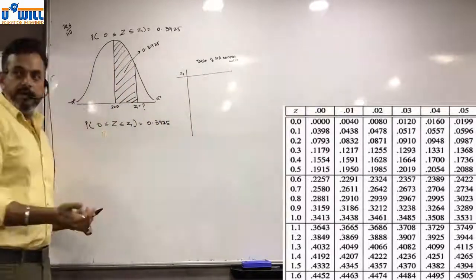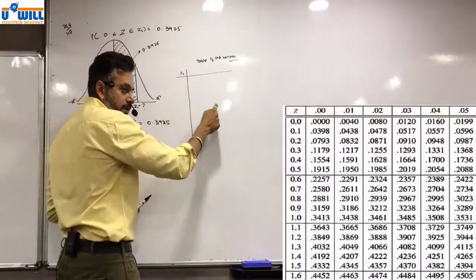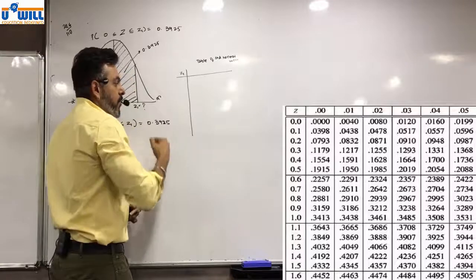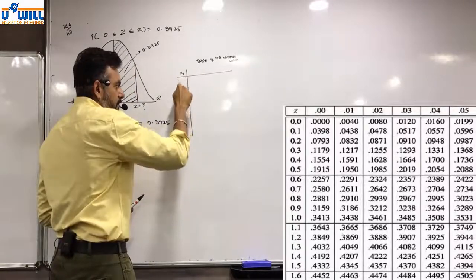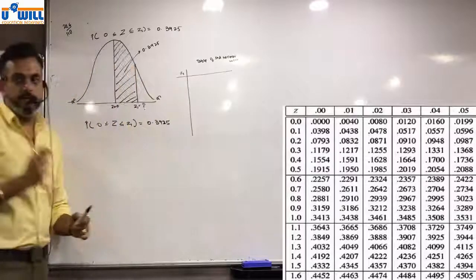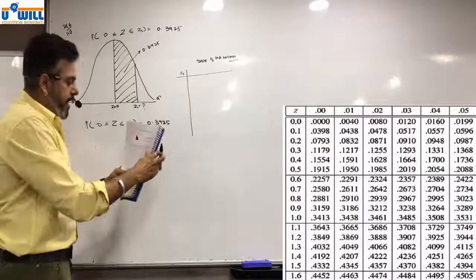Previously, using the values of z1 we used to locate the 0.3925. Now we already have 0.3925. We have to see what's the value of z1. So come to the table. You have to search कि कहाँ पे है.